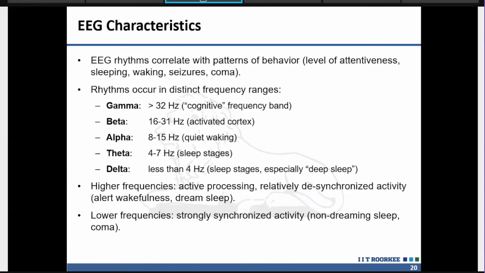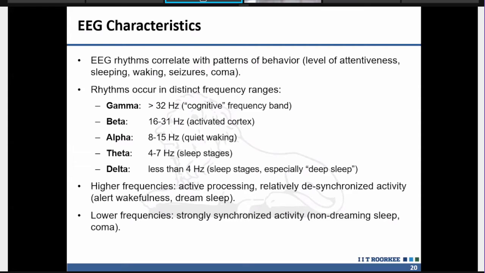Now, as I was telling, when you collect the data, according to the activity, your signals will show different rhythms. It could be low frequency components, sometimes high frequency components. Accordingly, these signals can be decomposed into 5 different bands.